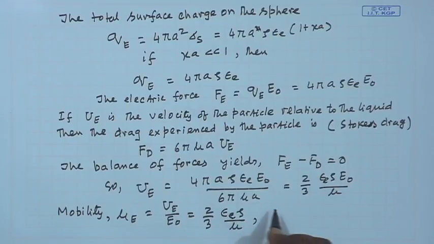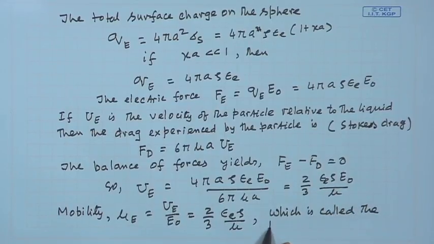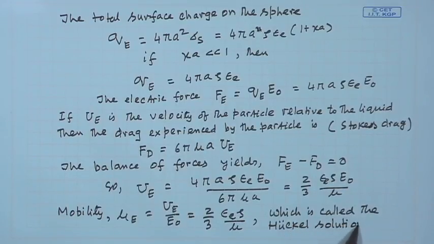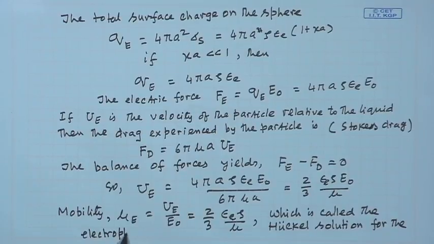So, this limit is called the Huckel solution. Huckel solution for the electrophoretic velocity, valid for thick Debye length.